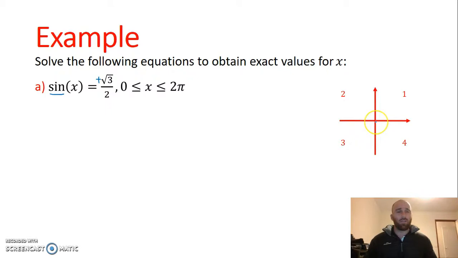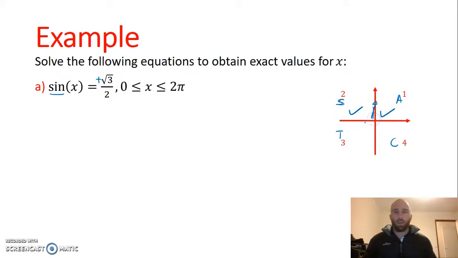Remember sine is the vertical component, so remember when we do our casting, C-A-S-T. Sine is positive in quadrant 1 and quadrant 2. 1 because they all are, and 2 because sine represents the vertical distance.